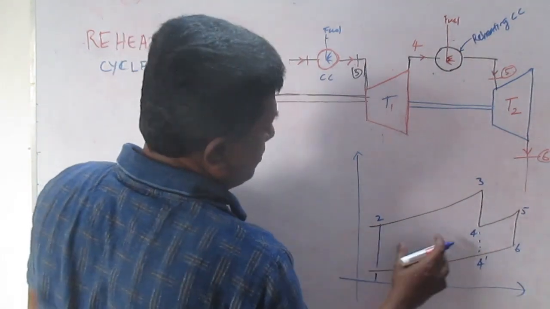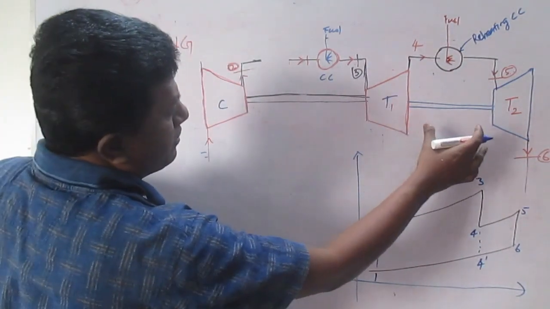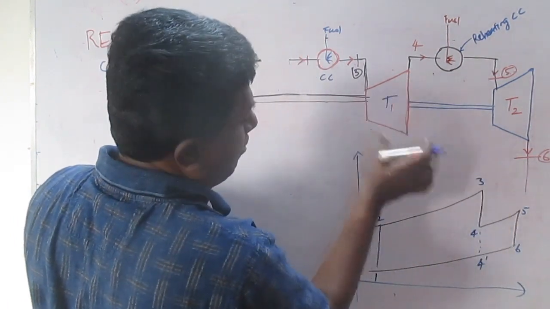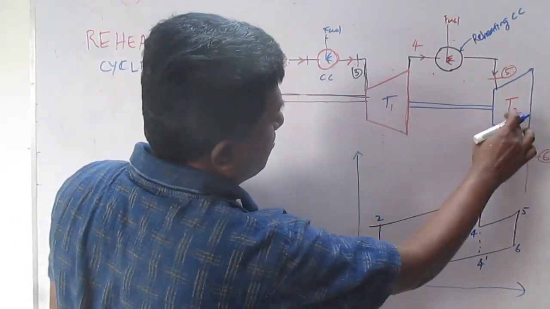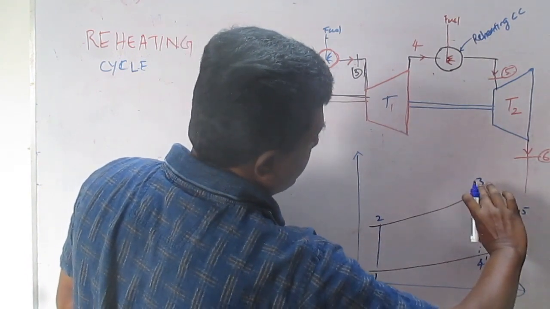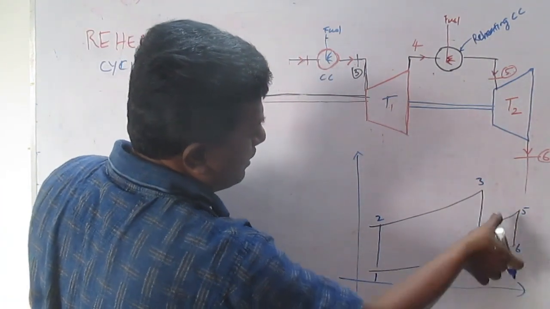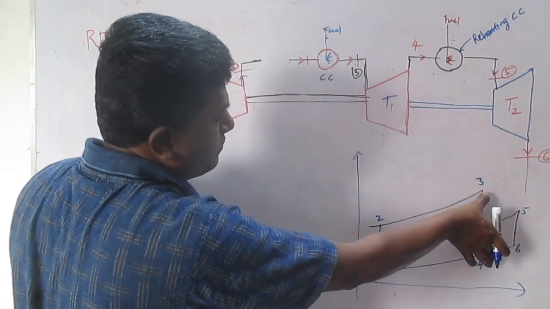The operating temperature range for turbine 1 and turbine 2 is nothing but 3 and 4, and 5 and 6. This combination of temperatures will be higher than this temperature.